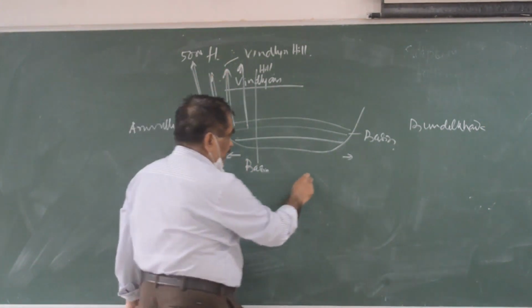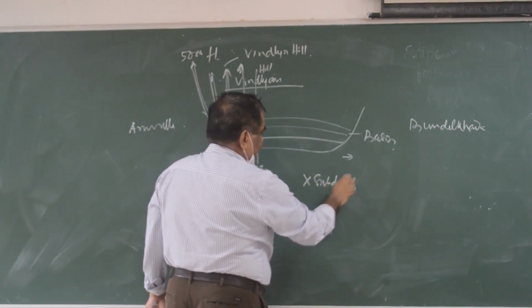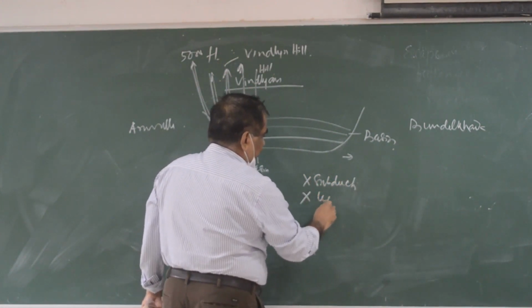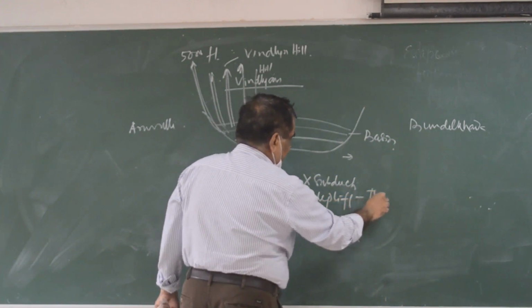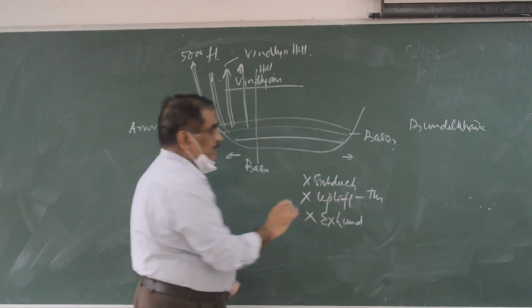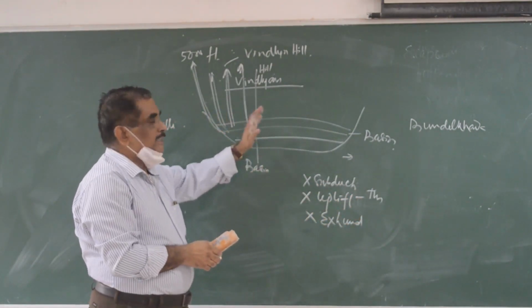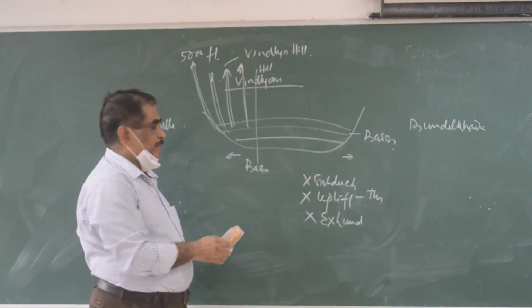Here there is no subduction, no upliftment by exhumation or no upliftment by thrusting. Those processes are not operating here because these are ensialic basins. Their subduction process is not operating.